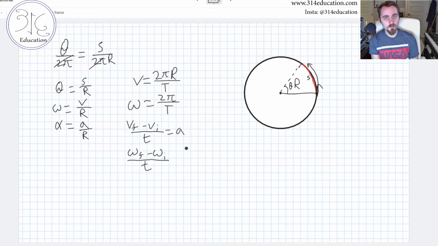Our time is going to be the same throughout. It's going to equal, instead of a, an alpha. And so we can do this for any of the kinematics we have. I'm not going to go through all of them. But anytime you would see an x, you can replace it with a theta. Anytime you would see a v, you replace it with an omega. And anytime you see an a, you replace it with an alpha.